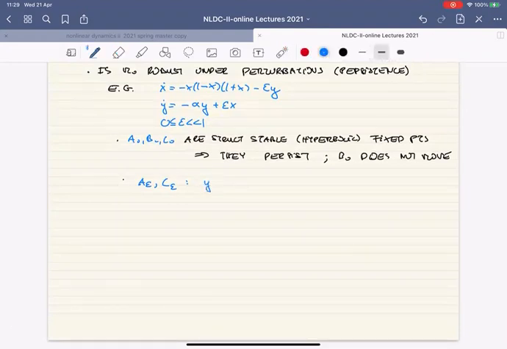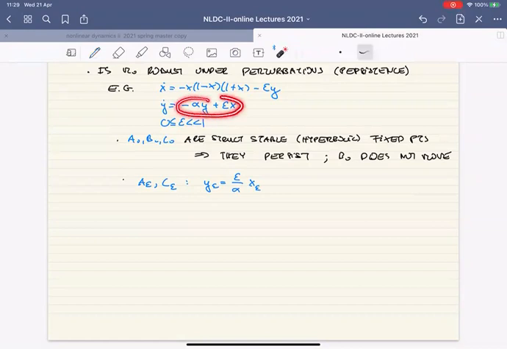Their coordinates must satisfy y epsilon equals epsilon over alpha x epsilon, right? I just obtained that by looking for their x and y coordinates. If their coordinates are x epsilon, y epsilon, right? So I plug in those and I look for values for x epsilon and y epsilon for which the right-hand side vanishes. And certainly that implies that the second equation must vanish.